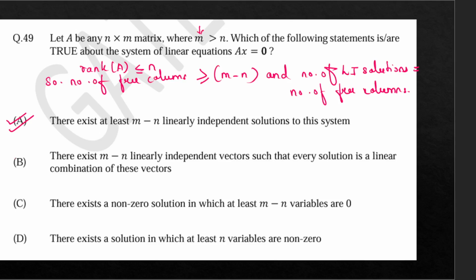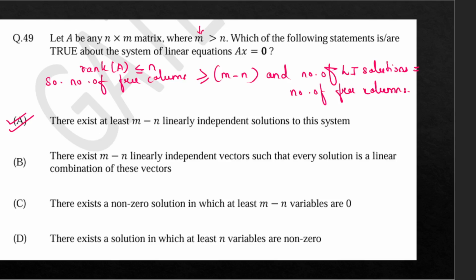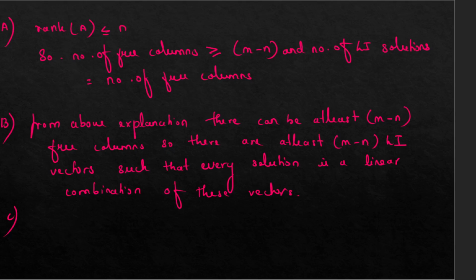Let's see now C. So the C statement says there exists a non-zero solution in which at least m minus n variables are 0. So I will correct the C statement a little bit, to show when it can be correct. Let me write this in the next page.